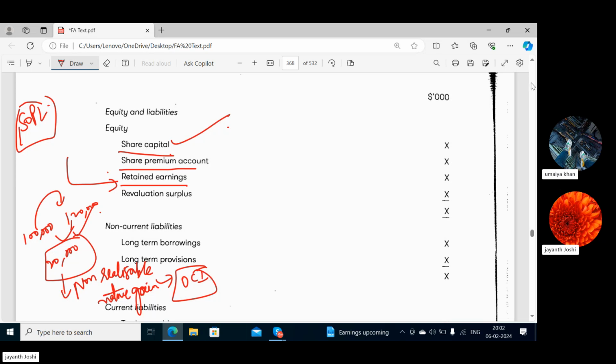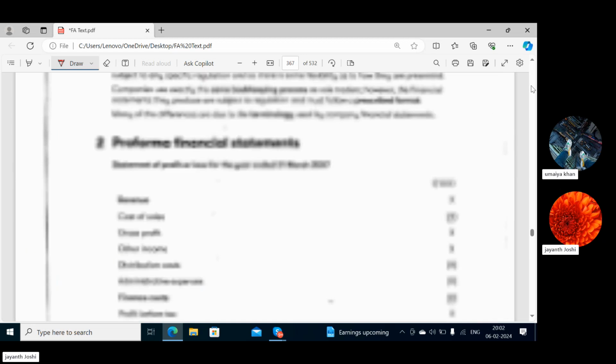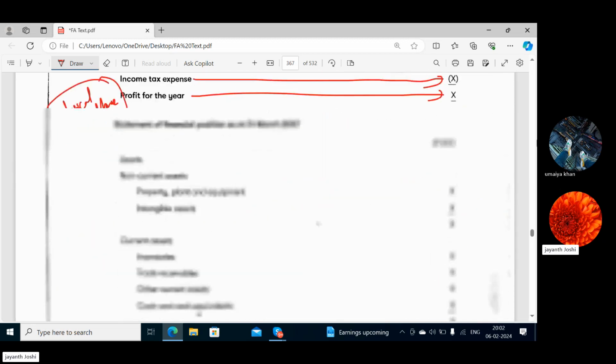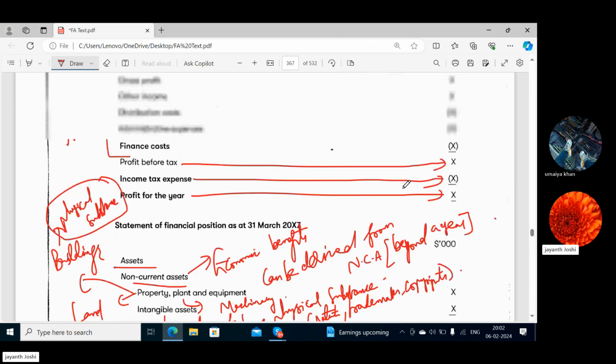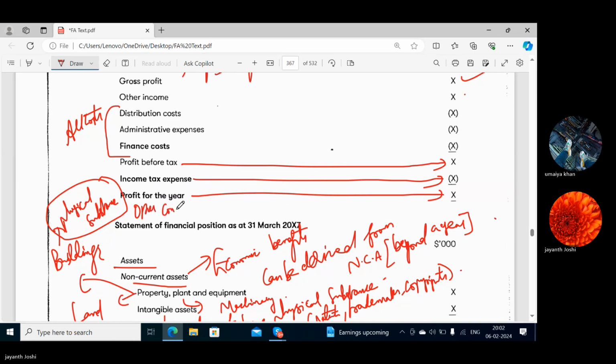So where is this other comprehensive income made? See, after preparing the income statement, this is profit for the year. After that comes other comprehensive income, this section. Then under that, you will be writing revaluation surplus.